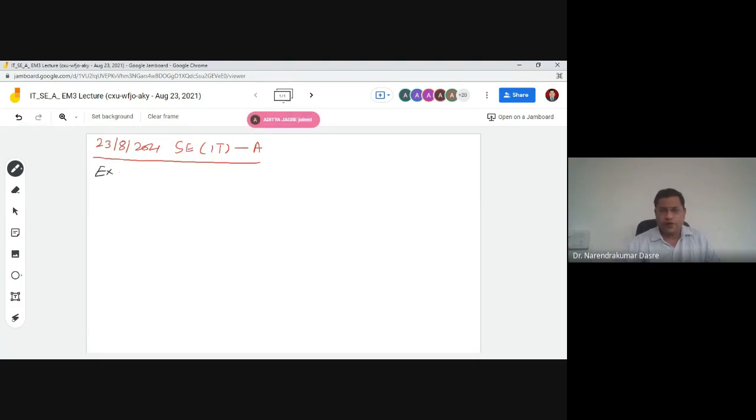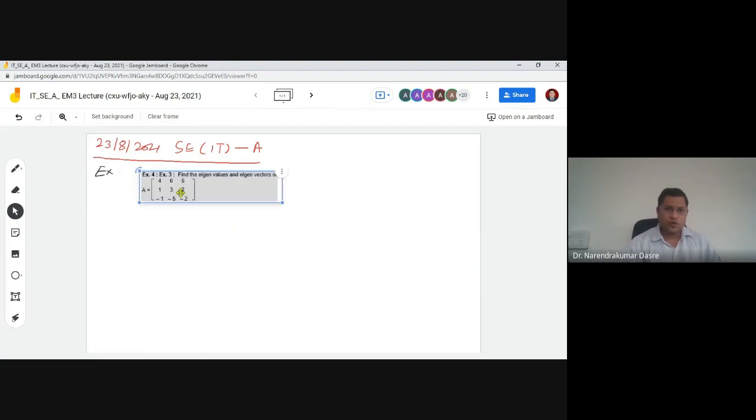Find the eigenvalues and eigenvectors of the following matrix. I hope you are able to see this example.